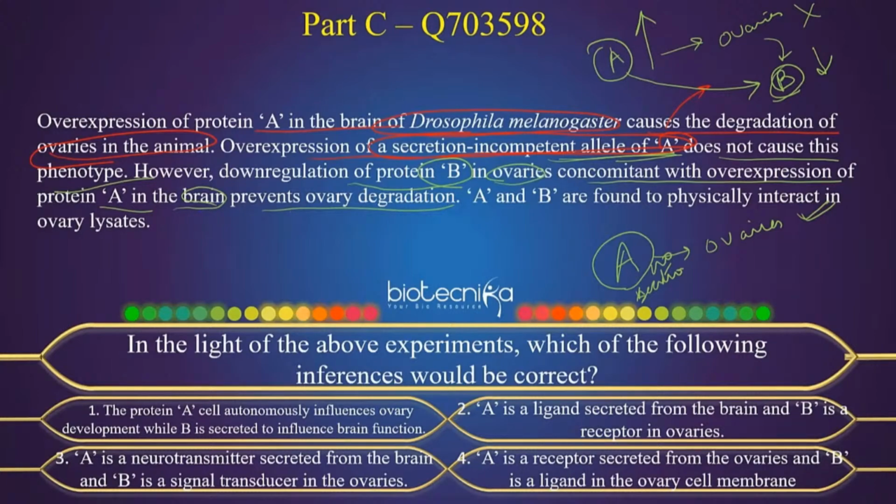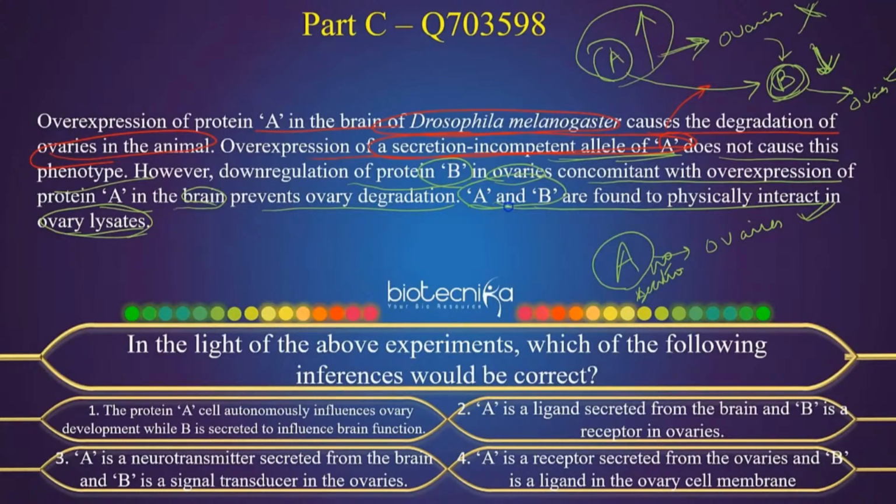So that means alone expression of protein A in the brain damages ovaries. But if you have downregulation of B along with overexpression of protein A, it is not able to cause the degradation of ovaries. Okay. So A and B are found to physically interact in ovary lysates.